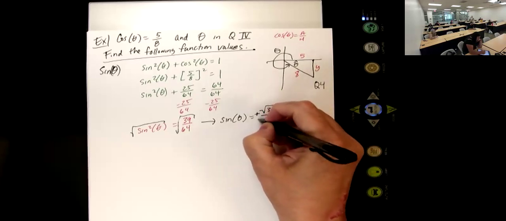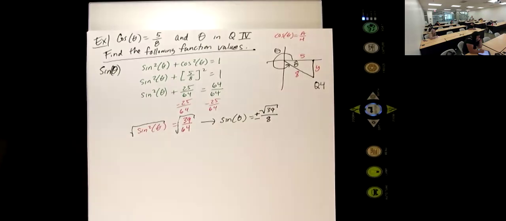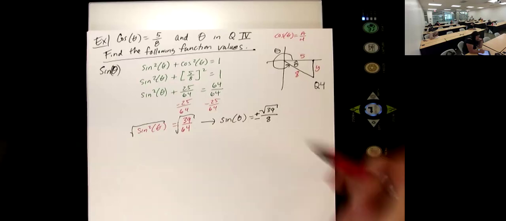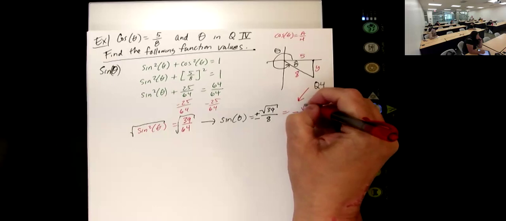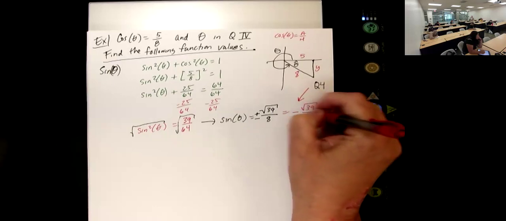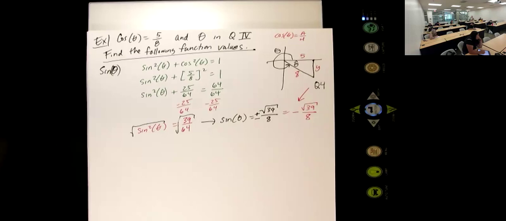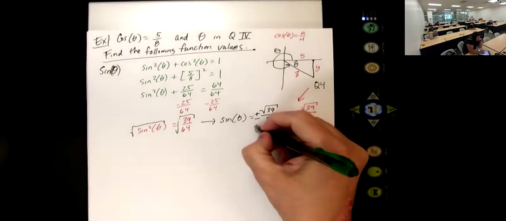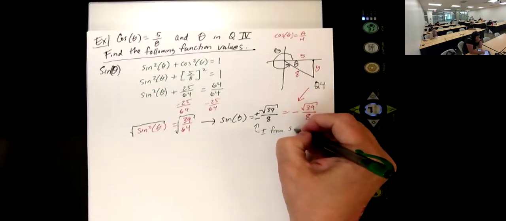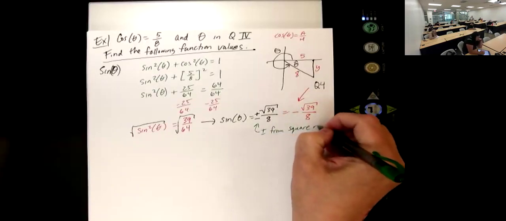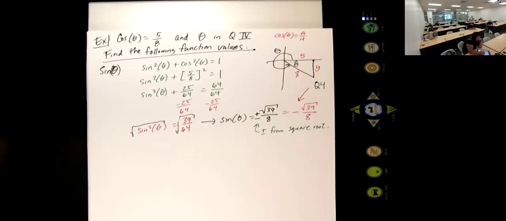Sine theta is normally plus or minus, from taking the square root. But in quadrant 4, only the negative one is applicable here. And that's sine theta.